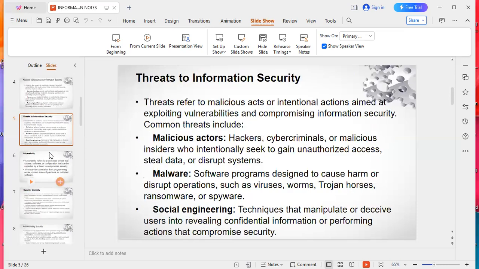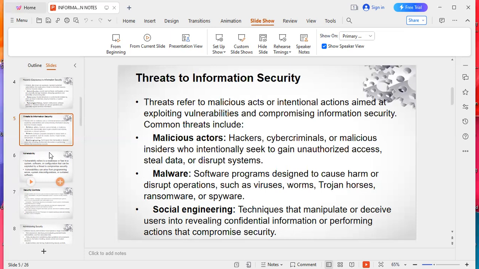Now, moving on to the threats to information security. What do you mean by the term threat? In our case, a threat refers to a malicious act or intention which is aimed at exploiting the loopholes, the vulnerabilities, and therefore compromising the information security.